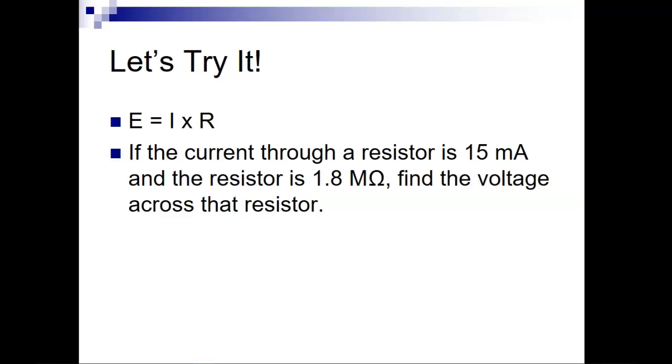So what is the voltage for this particular problem? We have a current of 15 milliamps through a resistor with 1.8 mega ohms. Not really, because you're forgetting one big thing. Actually, two. It ain't just milliamps.